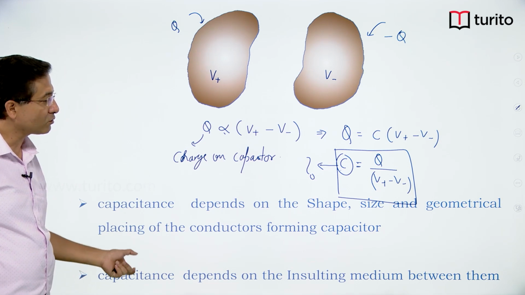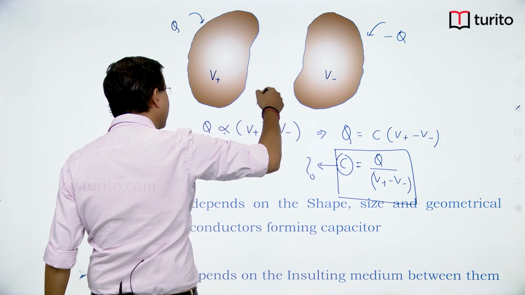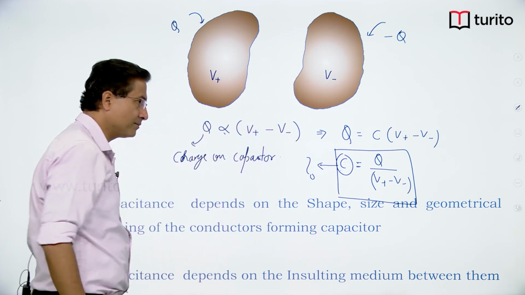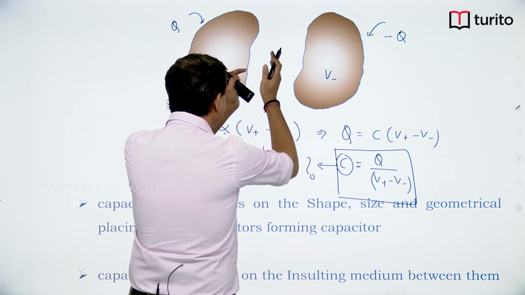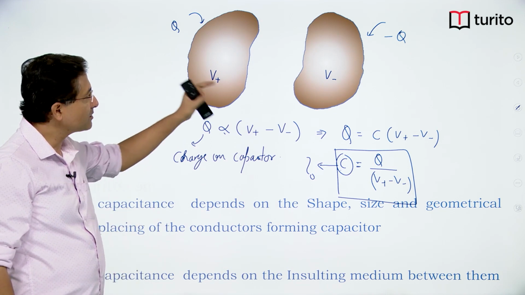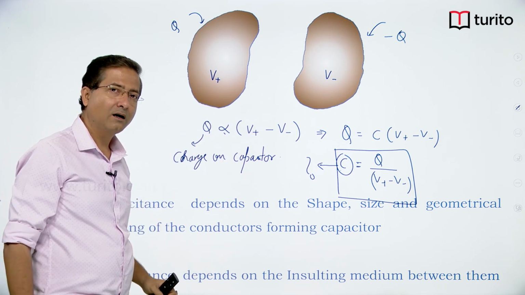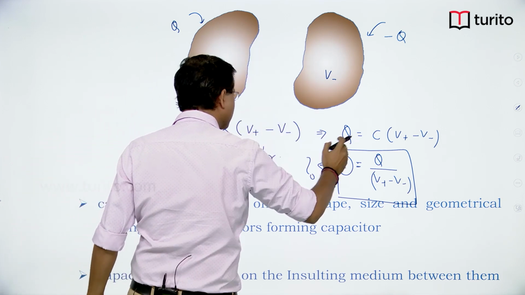And the capacitance also depends on the medium in between. If you place any other insulating medium, for example, I place some wooden plank here instead of air, this capacitance will get altered, right. So, any dielectric medium I place here, this capacitance will get altered.